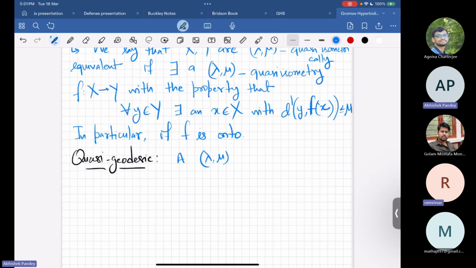Exactly, and they are quasi-isometrically equivalent for any mu greater than or equal to 0. Now, a (lambda, mu) quasi-geodesic in a metric space. In fact, I haven't mentioned examples.